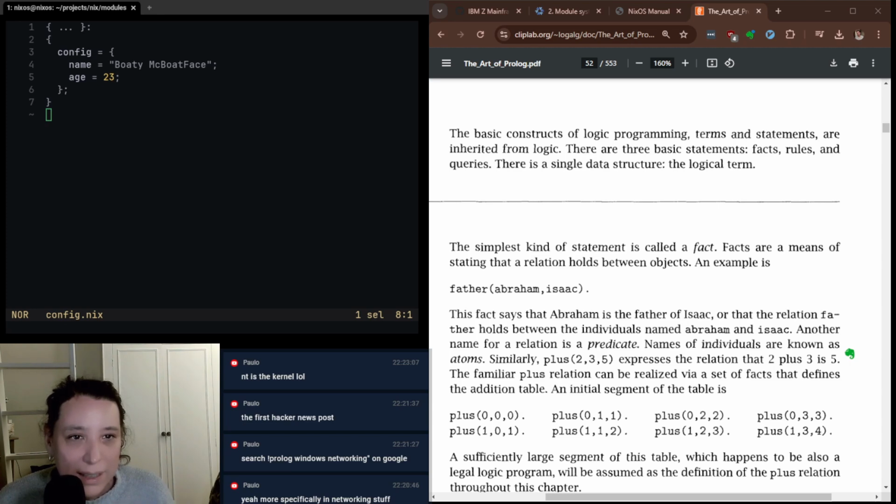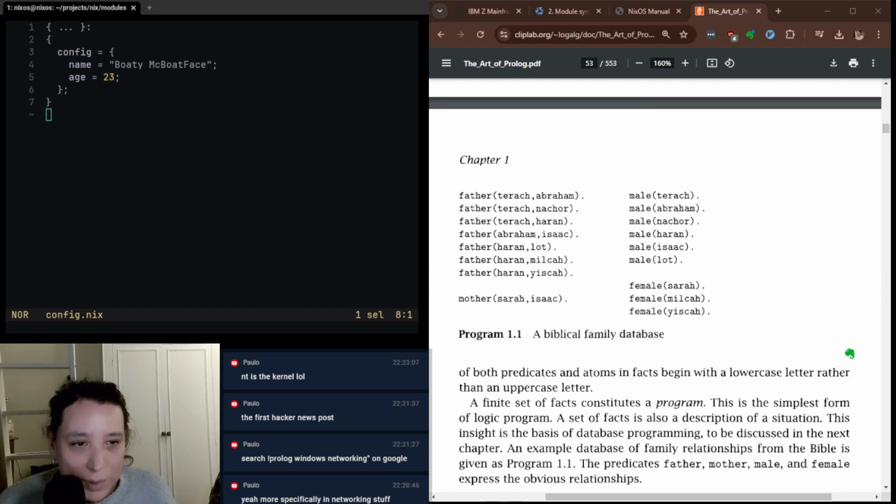There is a single data structure, the logical term. The simplest kind of statement is called a fact. So the simplest is facts. Facts are a means of stating that a relationship holds between objects. An example is father Abraham Isaac.